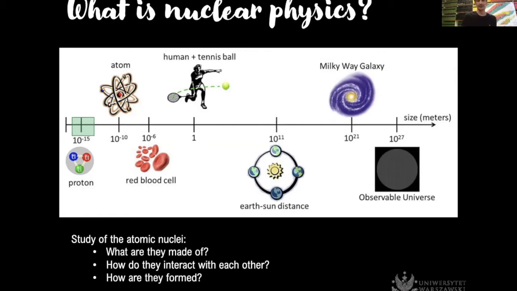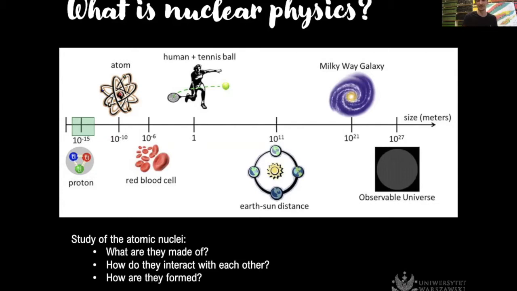And then below, at 10 to the minus 15, more or less, you will start to focus on the atomic nuclei. So this red sphere inside the atom, of course here on the graphical representation, is not at all at scale, because it should be, as I said, 5 orders of magnitude smaller.